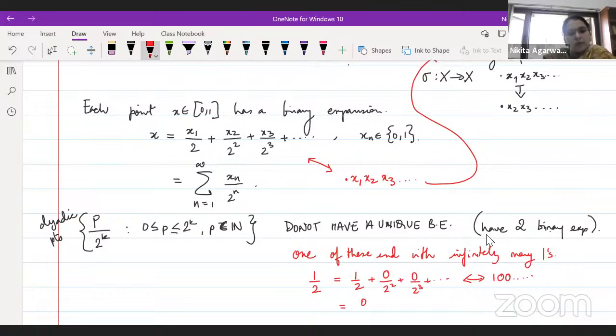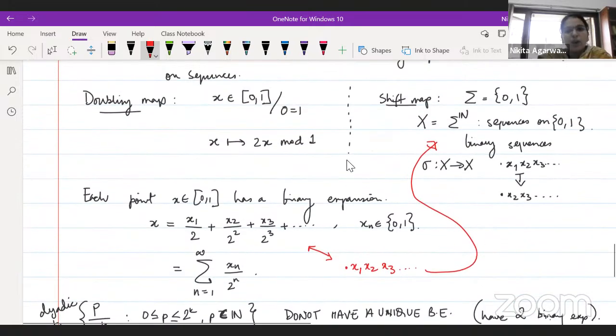Or it can also be written as 0 by 2 plus 1 by 2 square plus 1 by 2 cube plus and so on, which is 0, 1, 1, 1, 1, and so on. So half has 2 binary expansions. What we are going to do for making things unique is we are going to ignore expansions like this. All these points have 2 expansions and one of the expansions ends with ones, and we are going to ignore all of those.